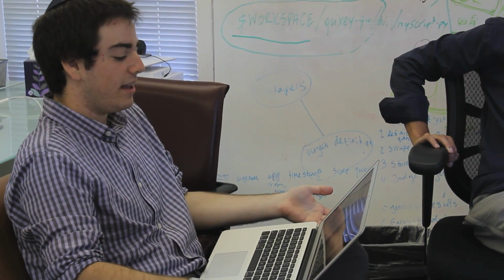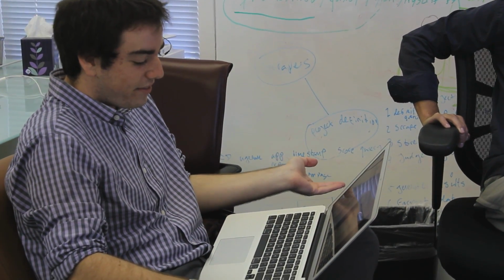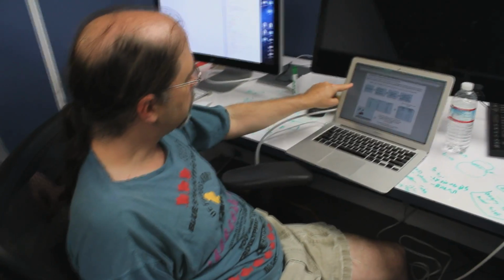So maybe we could combine the heat map and the geolocation. Essentially what we're doing is we're building a recommendation button for app pages on Quixey where end users could recommend apps into different social networks. We're working on clustering queries into relevant categories. So here's what we're doing.